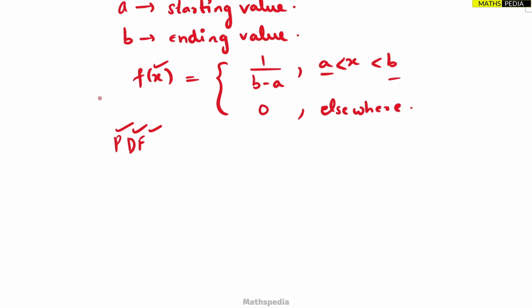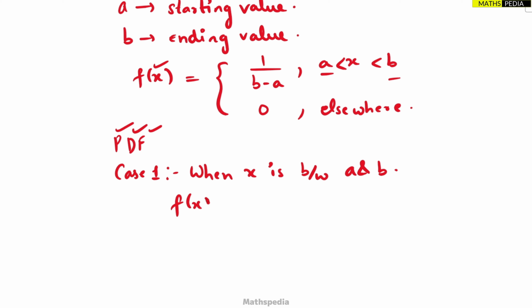The first case is when x lies between a and b. When x is lying between a and b, the function is defined as 1 by b minus a, so the probability is constant.